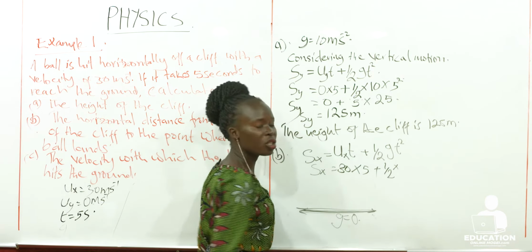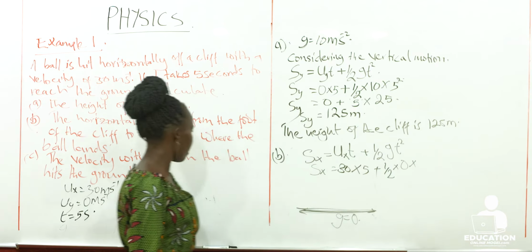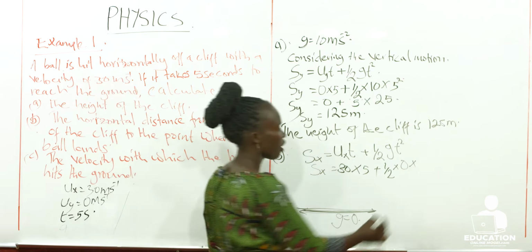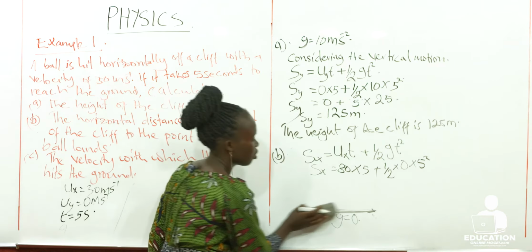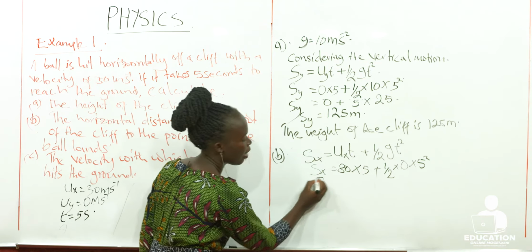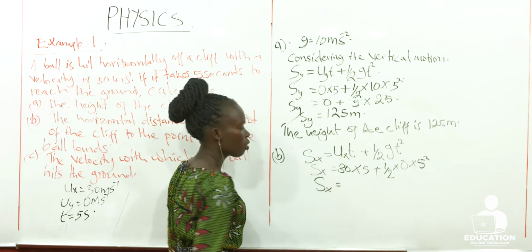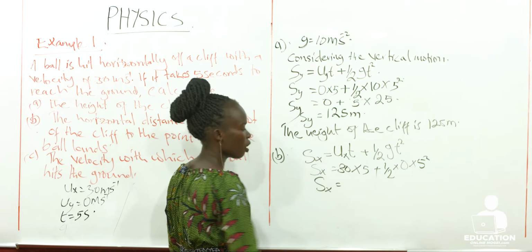Our acceleration this time is 0 times the time, which is again 5, but also squared. So if we have it like that, we shall have our sx is equals to, if you get your 5 times 30, what will you have?